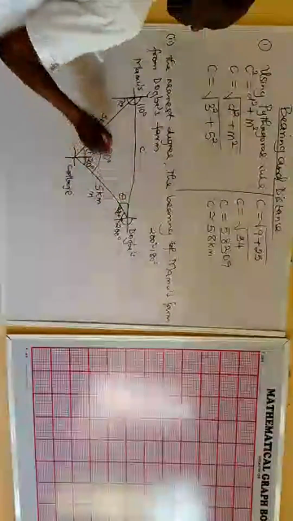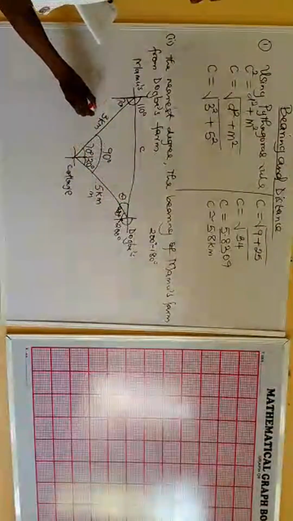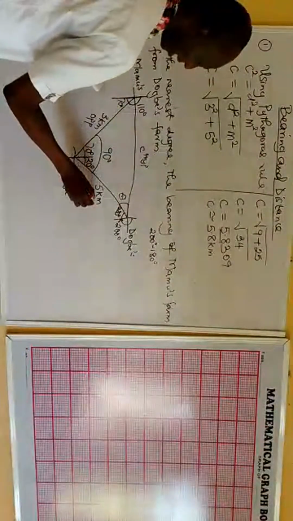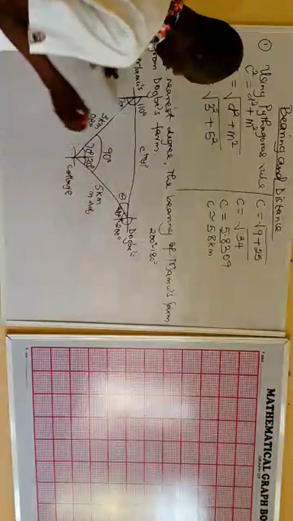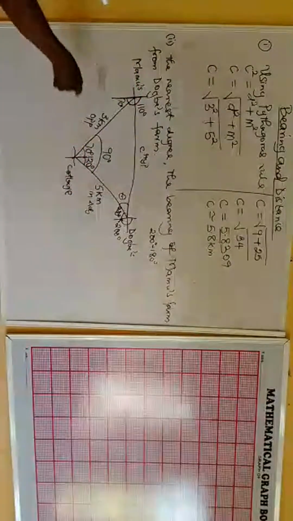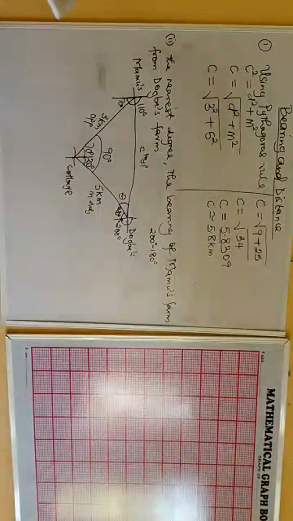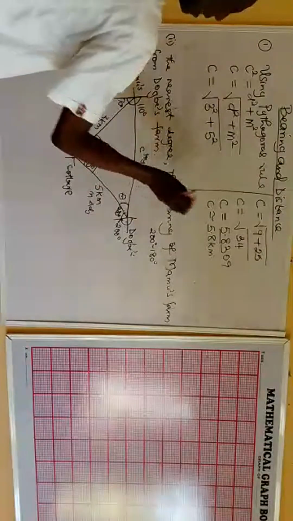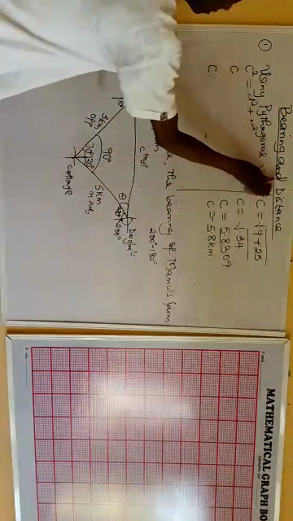The side the angle faces is called the opposite, here is the hypotenuse, and here is the adjacent. So what relates opposite and adjacent is tan theta.